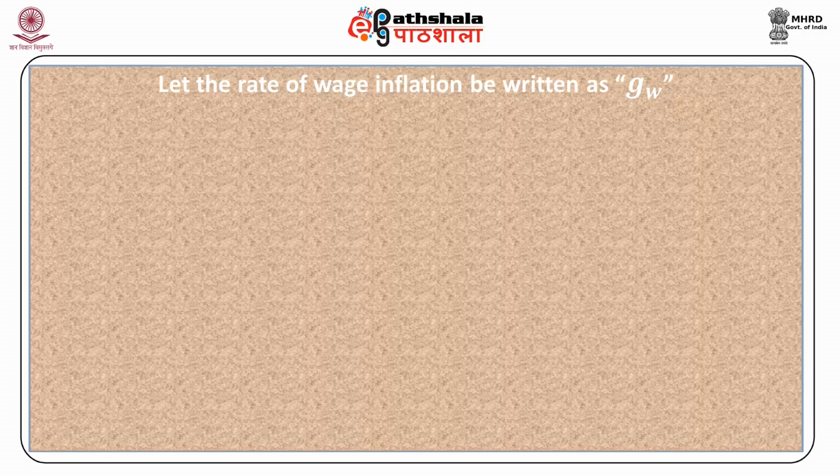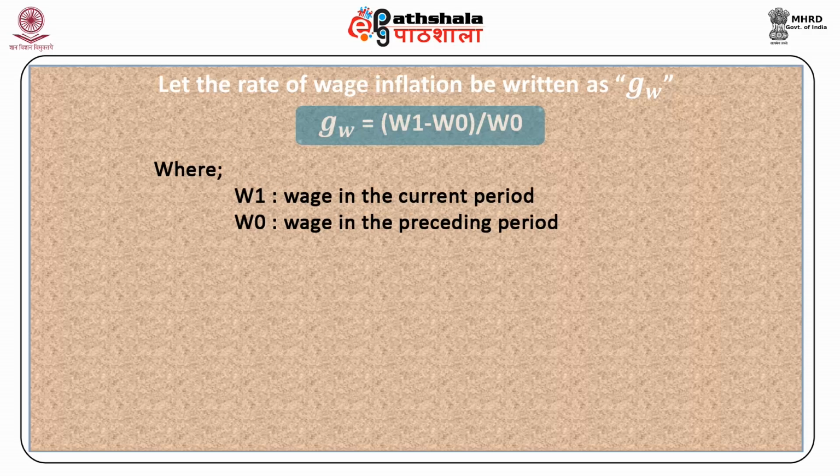Let the rate of wage inflation be written as GW. GW is equal to (W1 minus W0) over W0, where W1 is the wage in the current period and W0 is the wage in the preceding period.